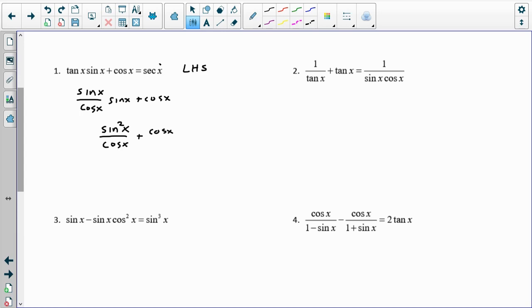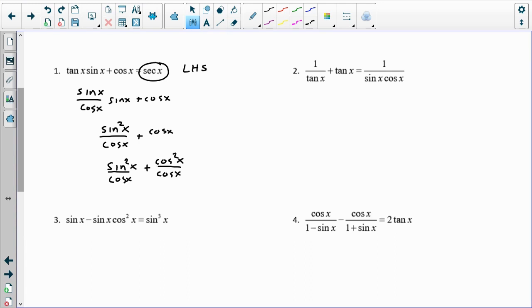My goal is to get it to look like secant. And secant is really cosine in the denominator. And I already have something that has a cosine in the denominator, but my other term doesn't have cosine in the denominator. So that kind of leads me to believe that I want to get a common denominator. So I have sine squared x over cosine x plus cosine squared x over cosine x.